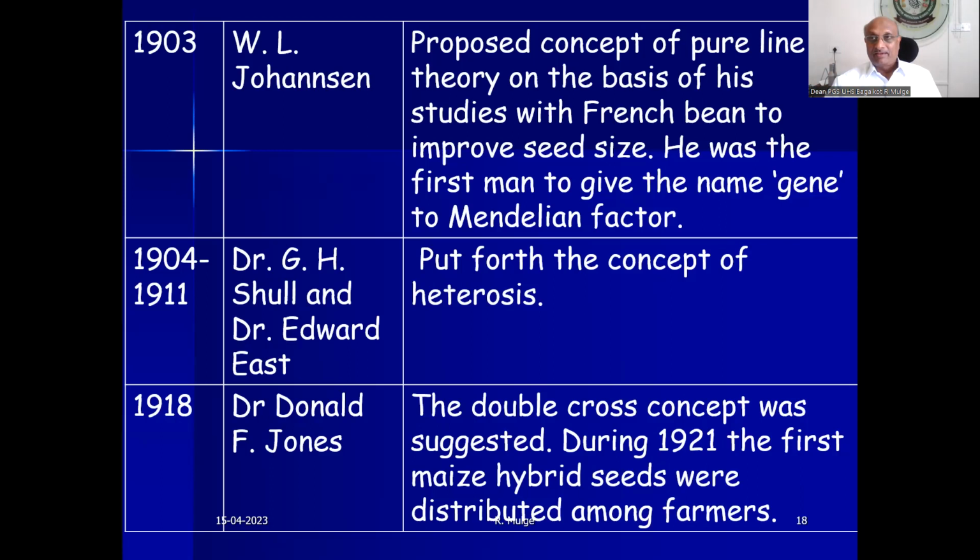So that's a negative point, but still you can't avoid that inbreeding depression for seed yield. So that's why the double cross concept was proposed, and practically it was possible to distribute the seeds of double cross hybrids to farmers. That is Jones, right? Donald F. Jones, what he has done. So these are the things.